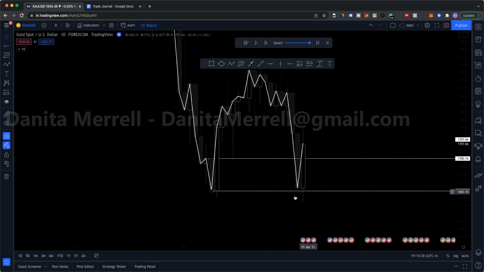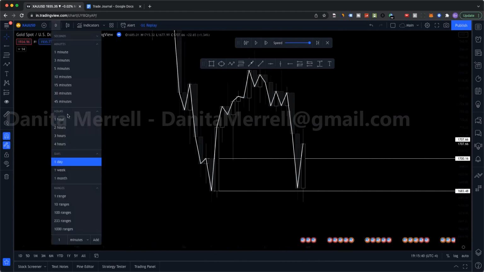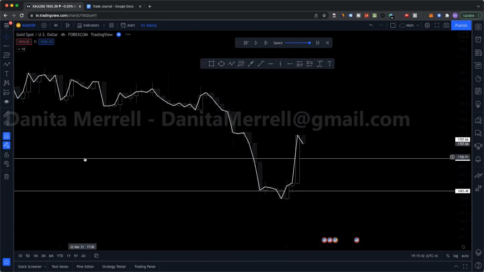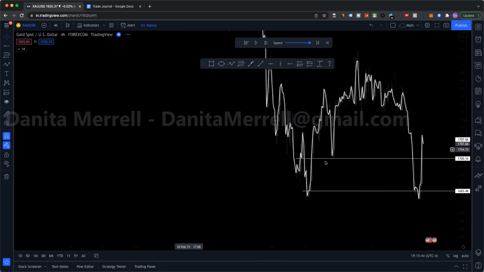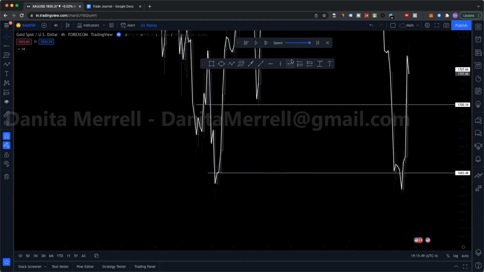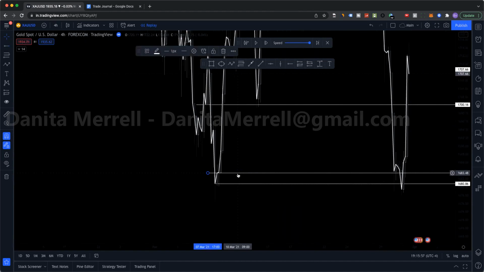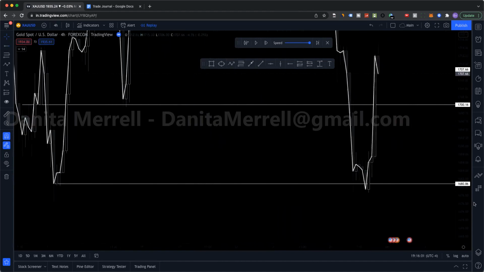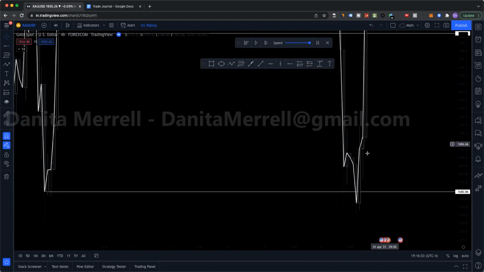We'll look at this area of price action on H4. Okay, so H4, as we know, is our entry area. We have resistance, support below the daily support. So we'll just remove this. Okay, and as you can see, price creates a QM and then pulls back into it here.